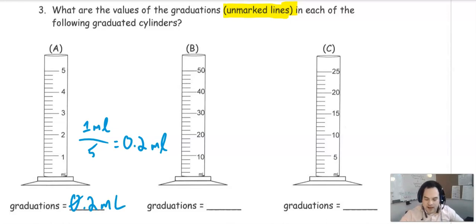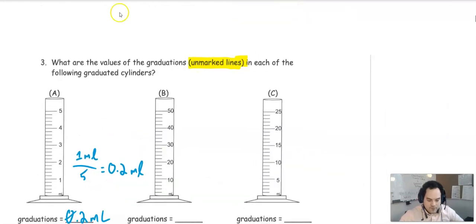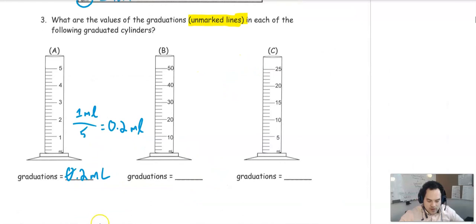Let's say I made up another graduated cylinder.